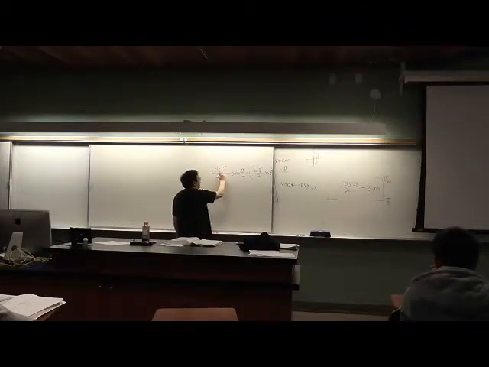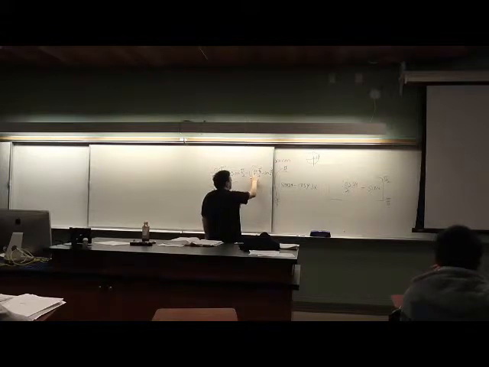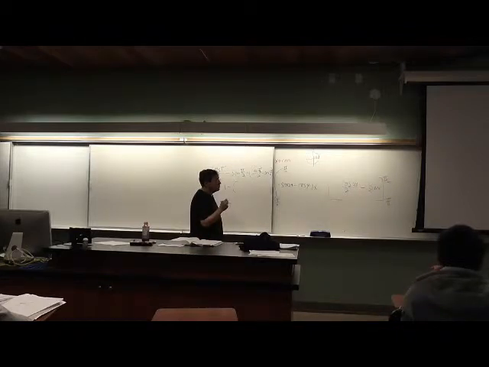Cosine of pi, negative 1, negative 1/2. Sine of pi over 2 is 1. Okay. Cosine of minus pi over 3. Minus 1/2. It's minus 1/2. And that will be minus 1/4.